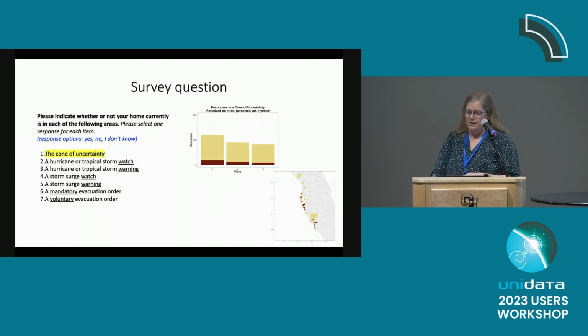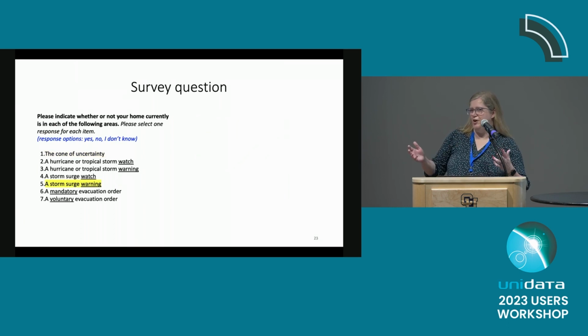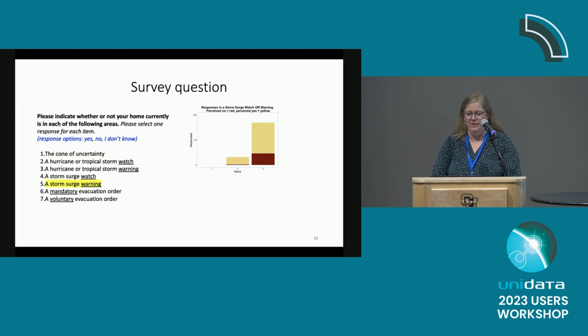And we looked at the spatial disparity of where those no's were, and they're kind of spread out all over, and we knew at this time that the cone encompassed that whole area. And so we weren't really too concerned with the fact that we probably were overcounting people who maybe weren't actually in the cone if they were in another part of the zip code, but they were close enough that it seemed okay. The problem was when we went to storm surge watches and warnings, which are much more precise.